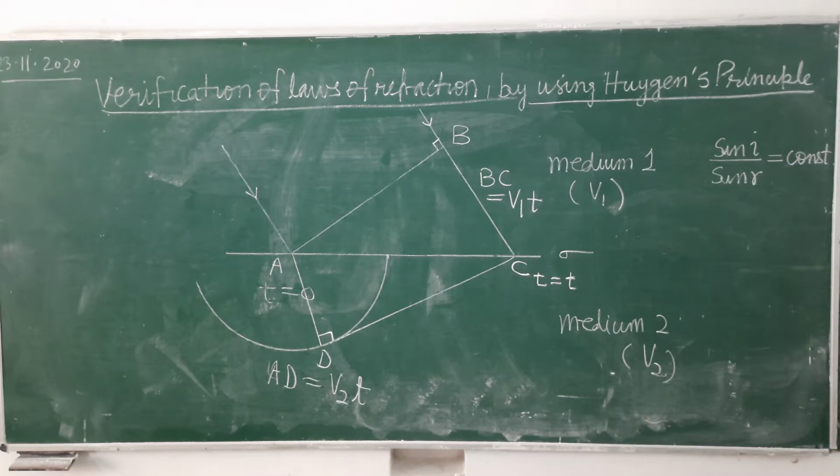Therefore, from Huygens principle, A will become the source of secondary waves at time t equals to 0.